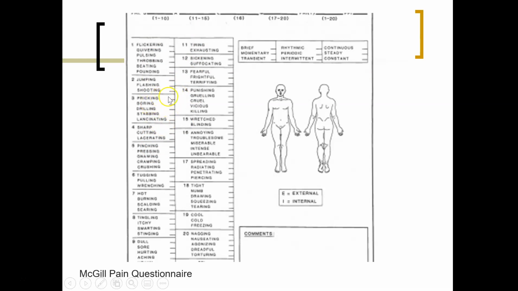Is it pricking? Is it boring? Is it drilling, stabbing? Sharp, cutting, lacerating, hot, burning, scalding. So you can see there are a lot of different adjectives. For some people, this might be really useful as a way to describe what they're experiencing and to be able to put it into words. For other people, it might be a bit overwhelming because this is a lot of adjectives to have to look through.